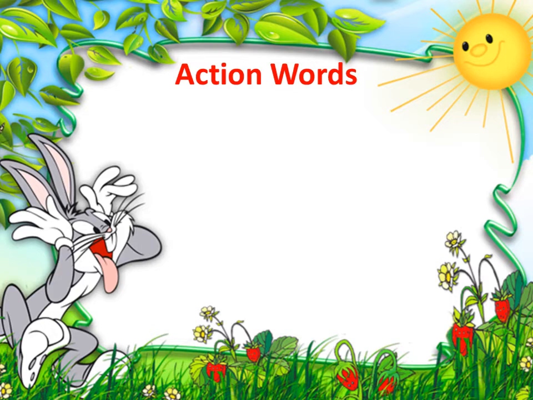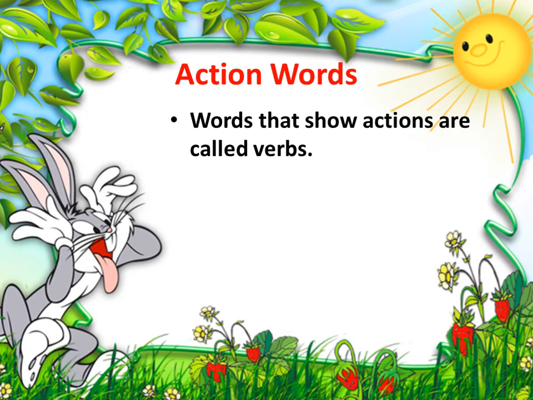What are action words? Words that show actions are called verbs. Like, come here. So here in this sentence, the word come is presenting an action, so it is a verb.